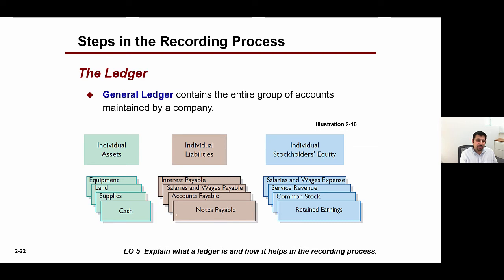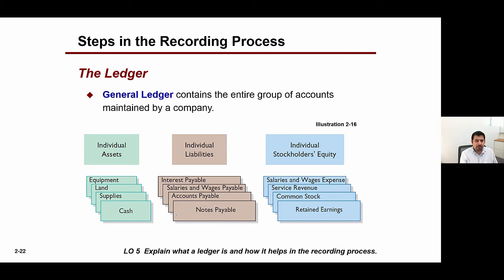Here too, we have companies who might have more specialized journals and ledgers. They usually call them subsidiary ledgers or subledgers, and those would include, for example, the purchases ledger, sales ledger, etc. They provide more information, more details about individual accounts than the general ledger.